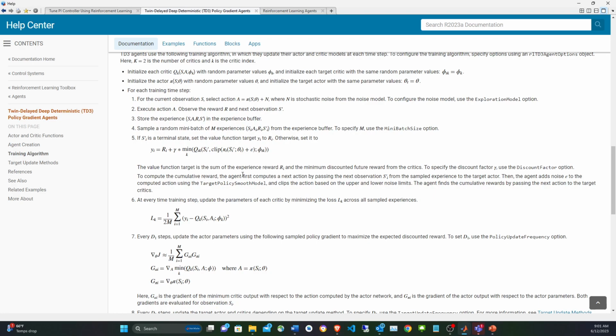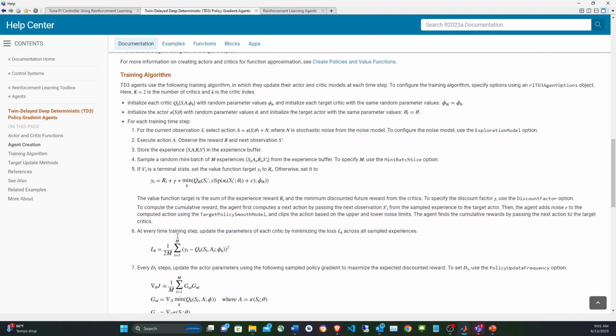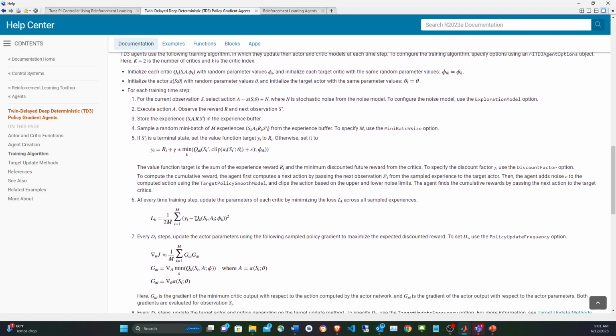And for training the critic, you're going to compare as usual the expected reward versus the actual reward, and the actual reward is going to use the target, and the target is not updated as frequently as the corresponding critic.